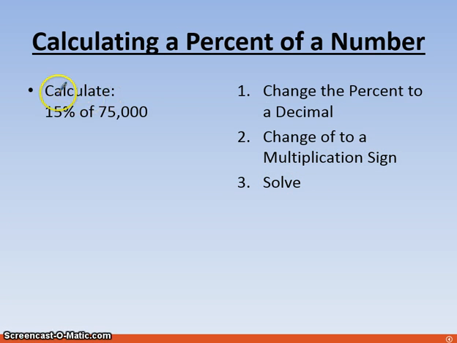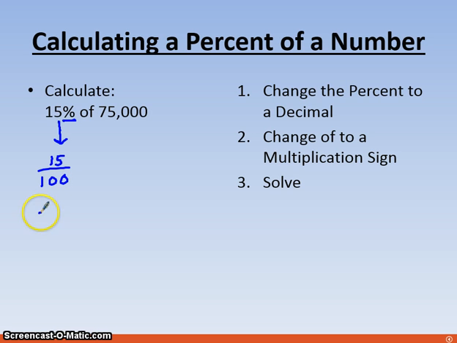So here we have a practice problem. It says calculate 15% of 75,000. So our first step is to switch 15% to a decimal. We know that the percent symbol literally means out of 100. 15 out of 100.